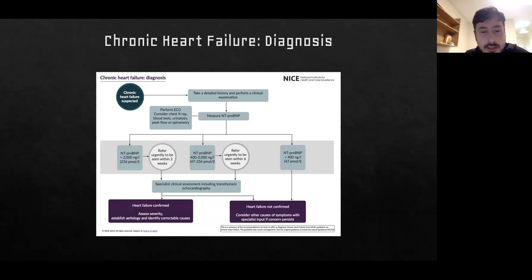So what does this specialist assessment comprise of? To diagnose heart failure in the first place, you need an echo, so that's the key thing. The echo will confirm heart failure. It will identify the severity, see if it's caused by any valvular dysfunction, and identify what can be done about it. The echo can also exclude heart failure, and in that case, you follow the low NT-proBNP pathway.